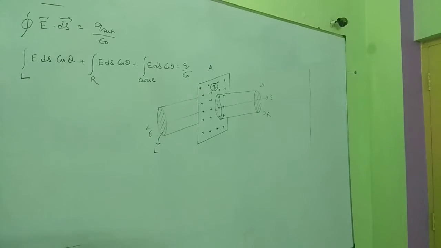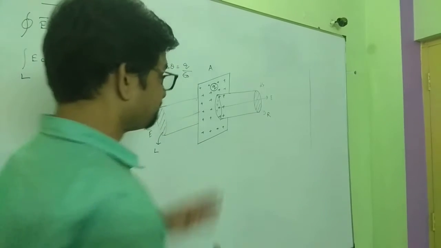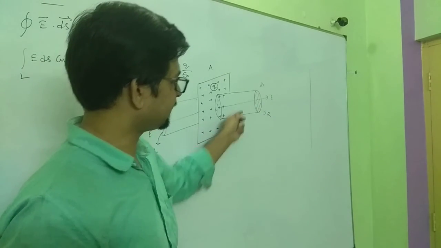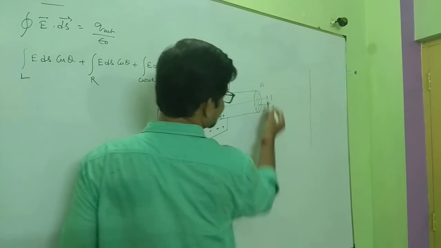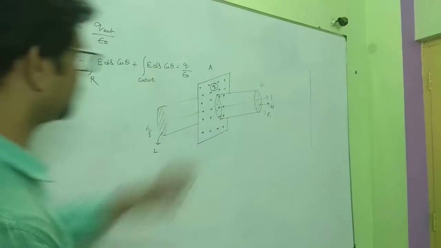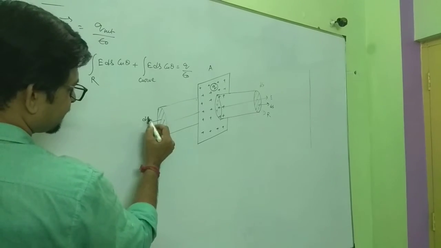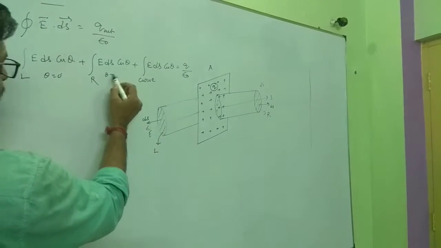Now see for the right surface, as I have said, the surface is a vector quantity and its direction is always perpendicular to the plane. So the ds is in this direction, E is in the same direction, so theta will be 0 here. Similarly here also ds is perpendicular, E is also perpendicular, so theta will be 0 here.